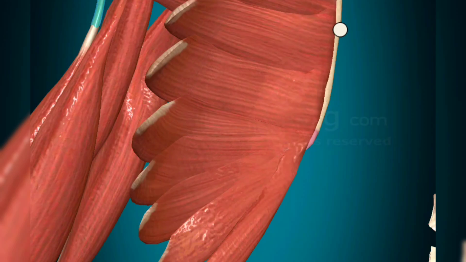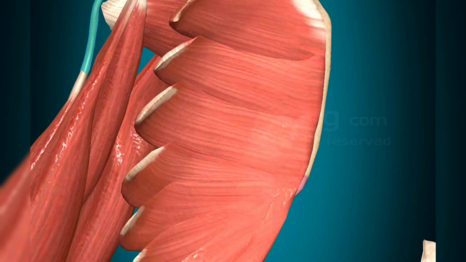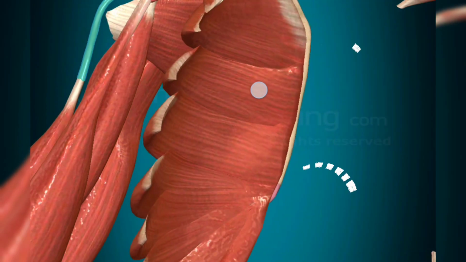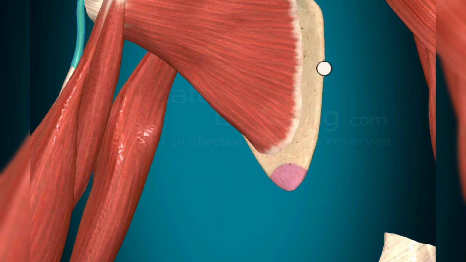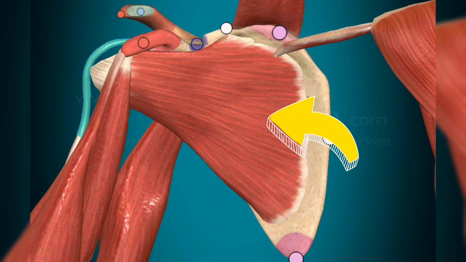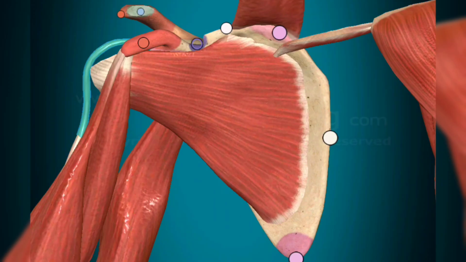The serratus anterior muscle is inserted along the medial border and inferior angle on the costal surface. And then we have the subscapularis muscle, which arises from the medial 2/3 of the costal surface.